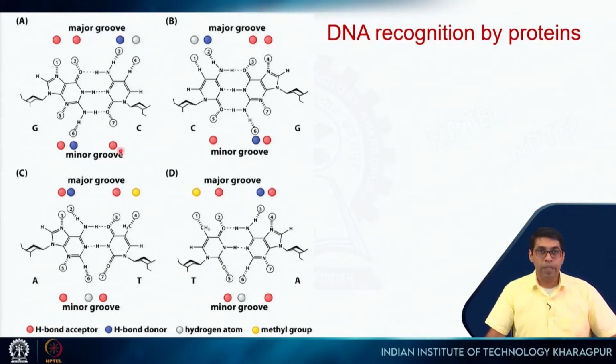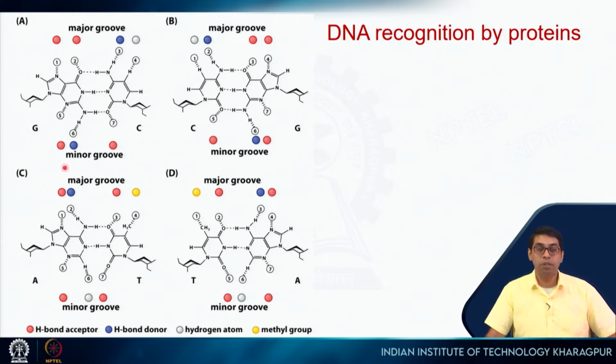On the minor groove side, we see again 2 hydrogen bond acceptors and 1 hydrogen bond donor. So it turns out that in case of minor grooves, we have less functional groups, plus the gap is also smaller. So there is not much space for amino acid side chains to interact, which means that most of the interactions that we see between protein and DNA are through the major groove.